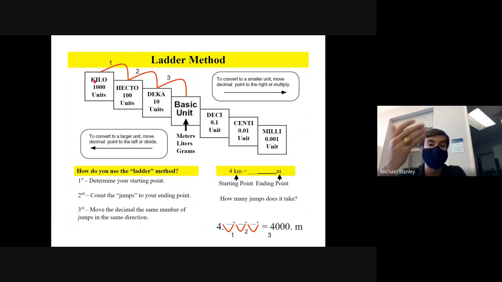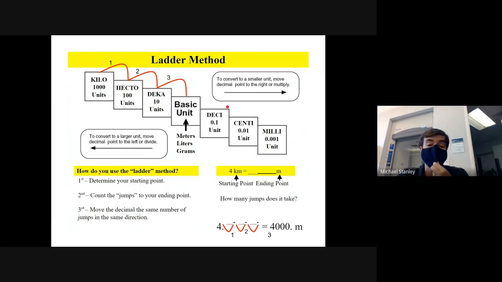Kilo stands for 1,000 in the metric system. So kilo is up here at 1,000 units. We have our base unit right here. So if something is just labeled as 7 meters or 12 grams or 13 liters, those guys are our basic units. Meters, liters, and grams make up our base units.